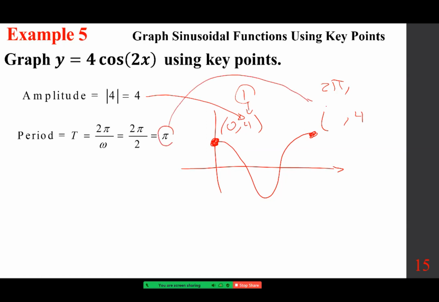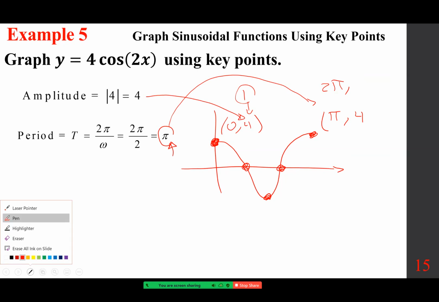Those are the endpoints, right? And then we figure out the middle points by cutting this into 4 equal parts to come up with arc number 1, arc number 2, arc number 3, arc number 4.